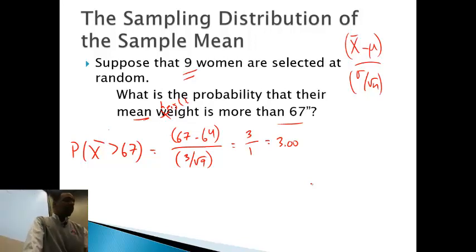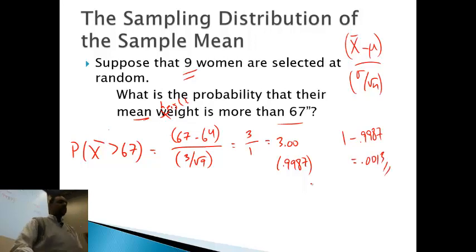So 3 over 1 will become 3.00, minus that. So that's the probability there.